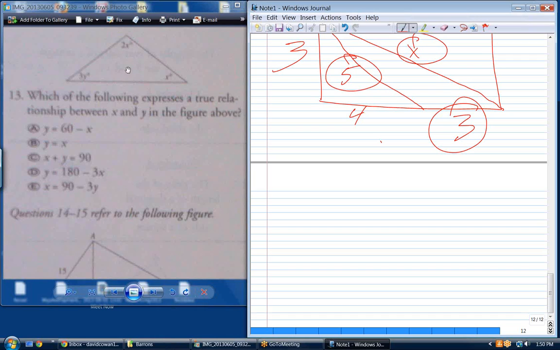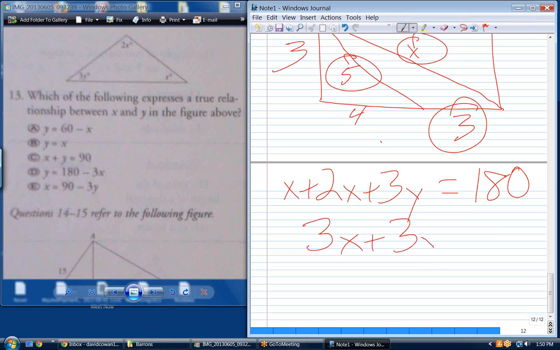So I would say it was D. Well, give me an equation. Let's do this step by step. What equation do we know? We know that x plus 2x plus 3y is equal to 180. All right, that's what we want to start with. Now let's simplify that: 3x plus 3y is equal to 180.